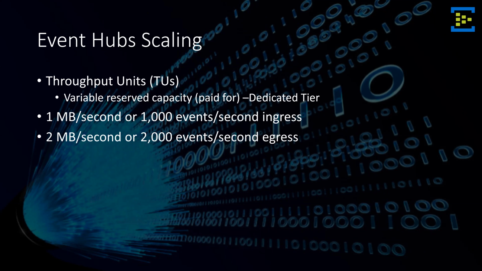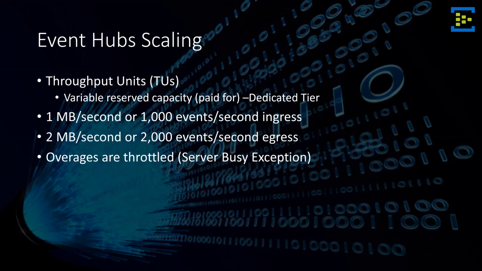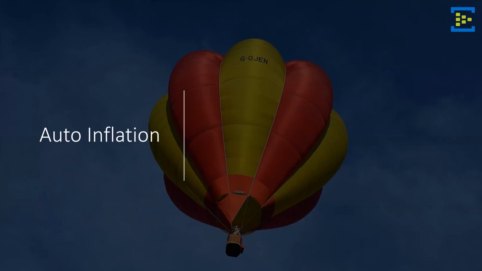And if it's not enough, you can go up with throughput units, and you can scale to a substantially large amount of messages, both ingress and egress. Now, overages are throttled. An exception will be thrown, but to handle that, there is a specifically designed feature called auto-inflation.